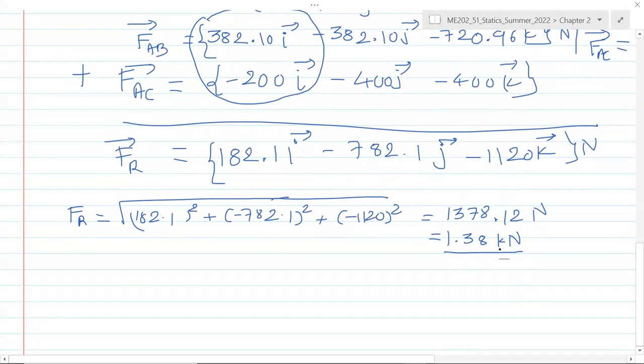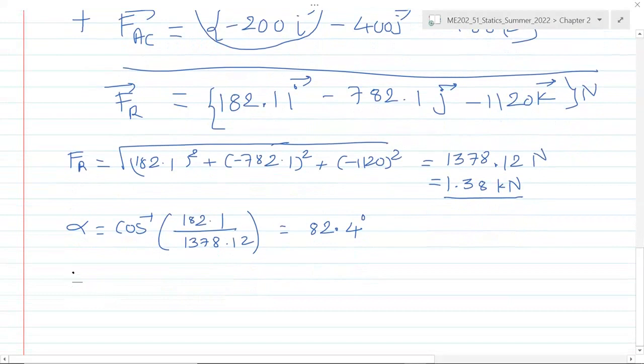Okay, so I have used kilo because I have replaced 1300 by 1.38. So this kilo is a 10 to the power 3 multiplier. And the direction angles can be calculated using the equation alpha is equal to cosine inverse of the x component, which is 182.1, divided by the magnitude, which is 1378.12, and that angle is 82.4 degrees.